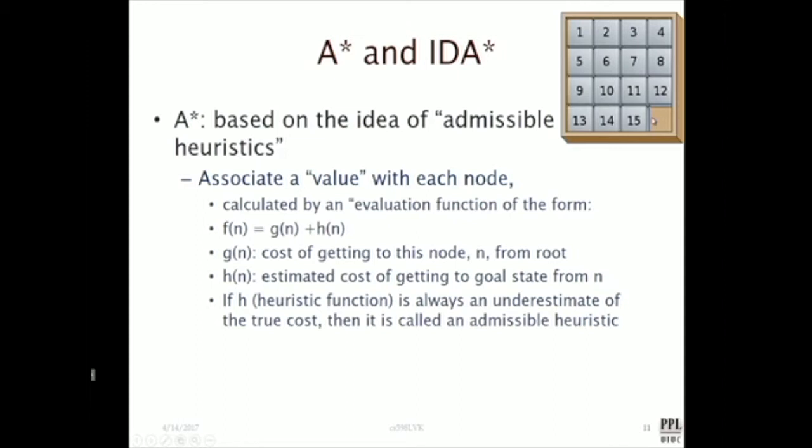And h(n) is a heuristic function, which is an estimated cost of getting to the goal state from n. This heuristic function h is called admissible, that's just a made-up name, if it is an underestimate of the true cost. Now, of course, 0 is an underestimate of the true cost, but it's not very good, but it will do. So you can use a heuristic function that's 0.